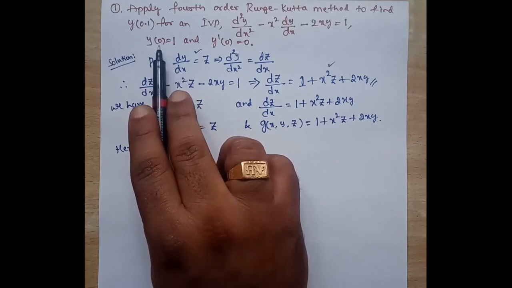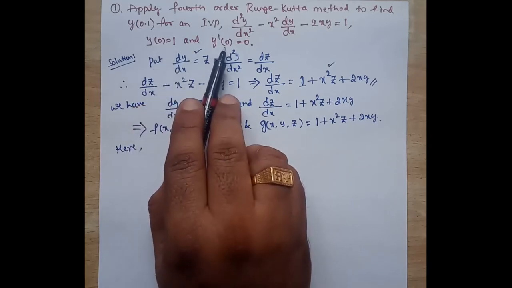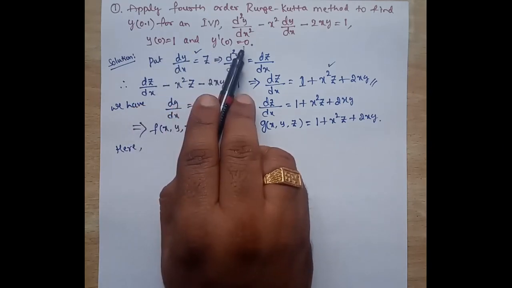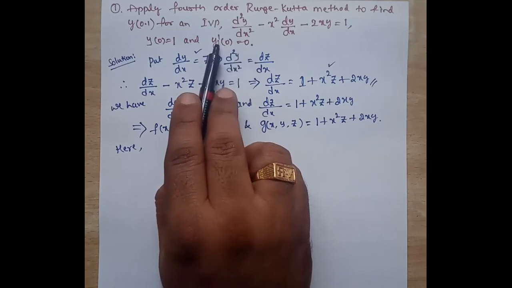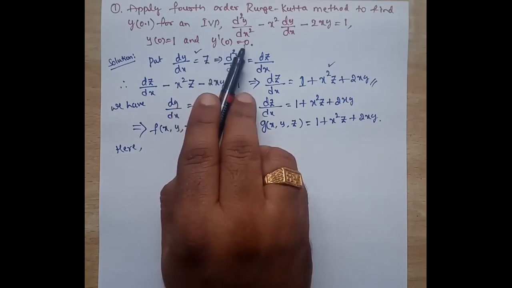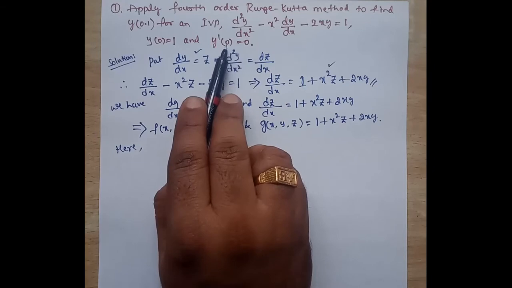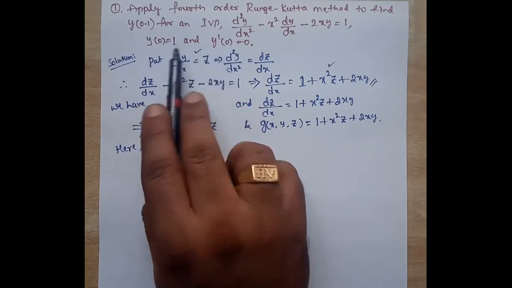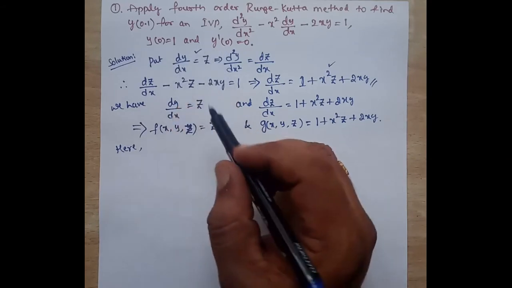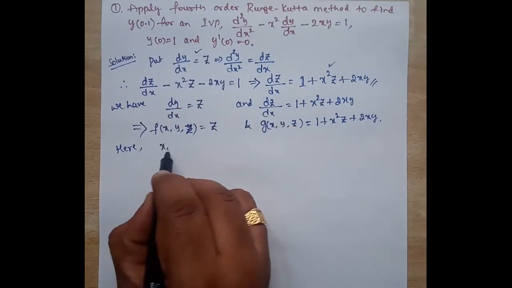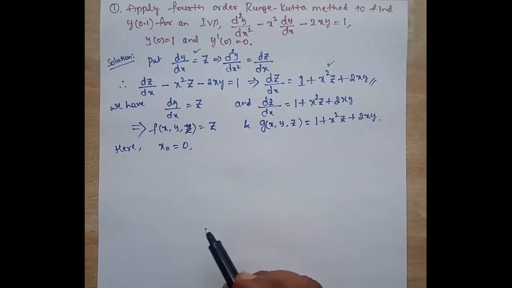So x naught value is 0, and here also same, this represents x naught and this represents y naught dash. So the right hand side represents the value of y, left hand side represents value of x. So here x naught you can observe in both the conditions it is same. So the value of x naught is 0, x naught equals 0.